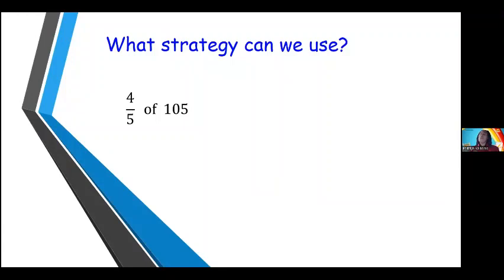Another way: the fact that we wrote the number of red blocks to blue blocks as a fraction, you could actually use that strategy to help you arrive at the answer. And it's quite efficient: 4/5 of the 105 would result in 4 multiplied by 21, giving us 84 blocks that are red.